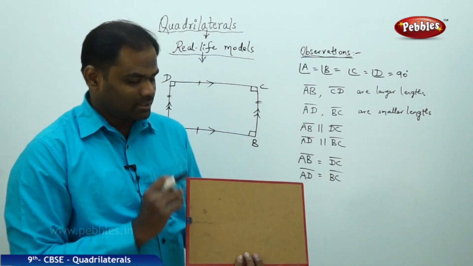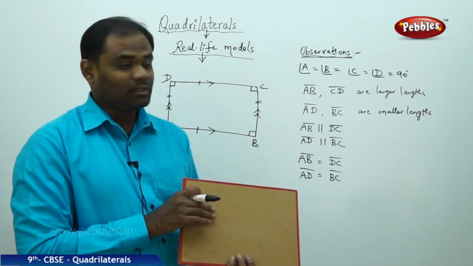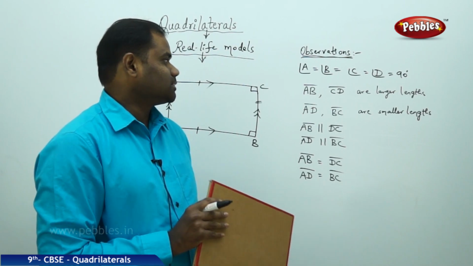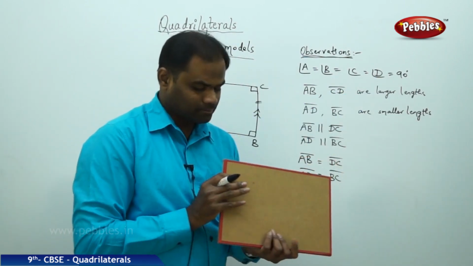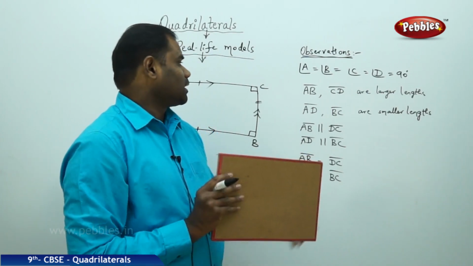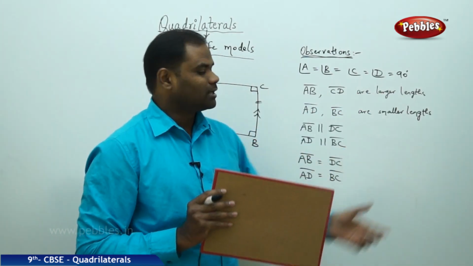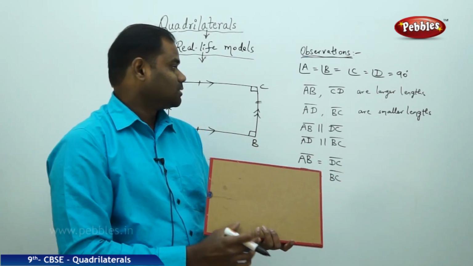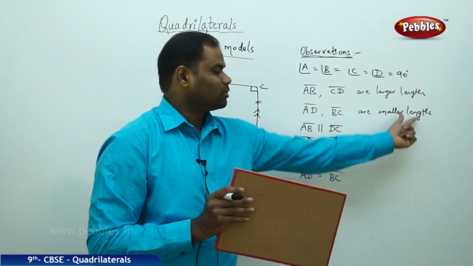So finally, I see that this frame has specific geometric properties: each angle being 90, and AB and CD are the larger lengths, and the other two are smaller lengths.